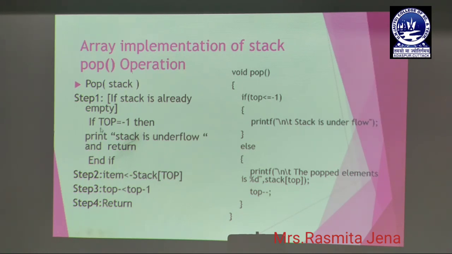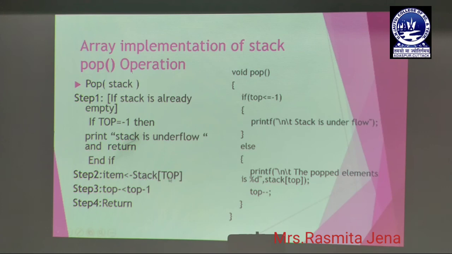Okay. If this condition is false, that means in step 1, if top equals -1 is false, then we will go for step 2. That is, we will remove the element from the stack. The element will be stored in the variable item. That means currently the top points to the location and that element will be removed.